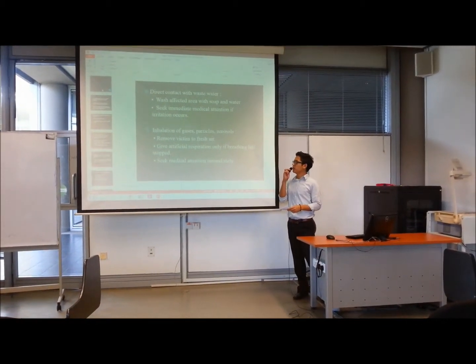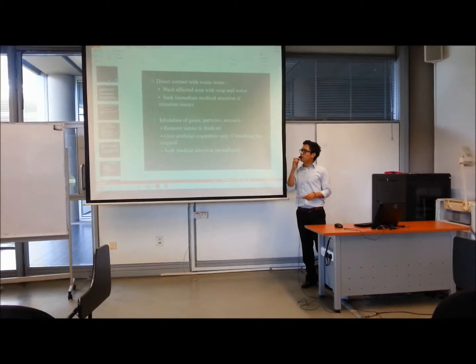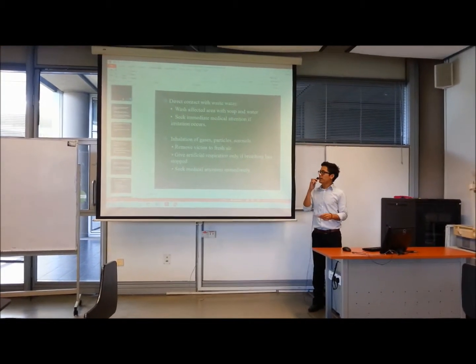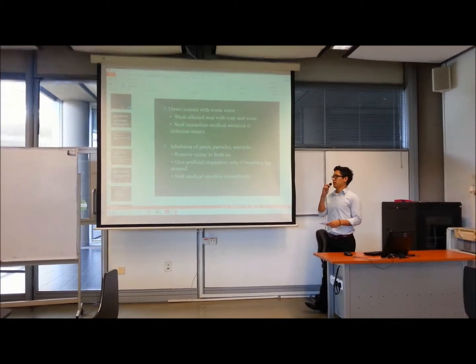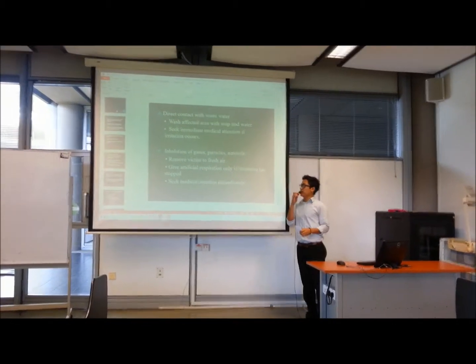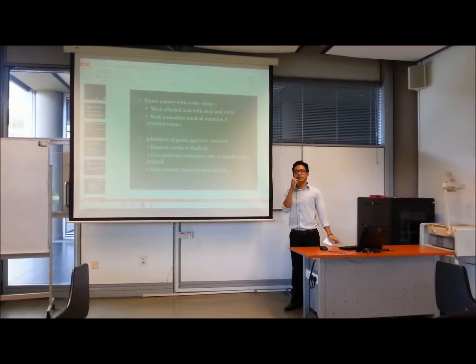For inhalation of gases and particles, first remove the victim to fresh air, then give artificial respiration only if breathing has stopped, and lastly seek medical attention immediately. So this is for the safety analysis in the industry.